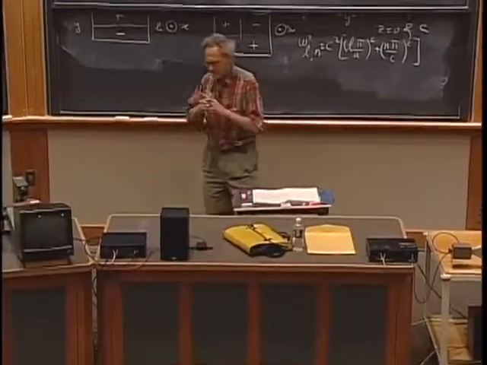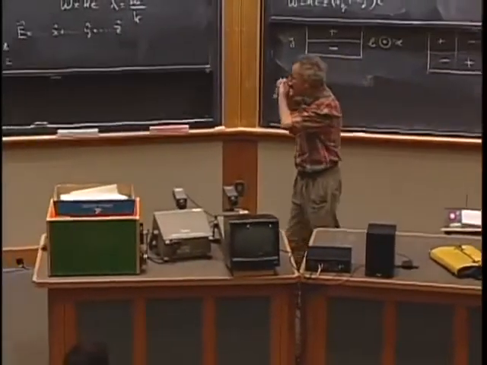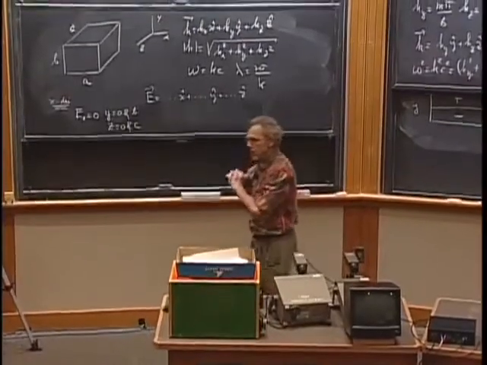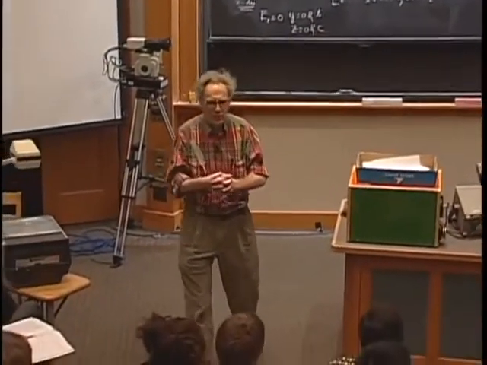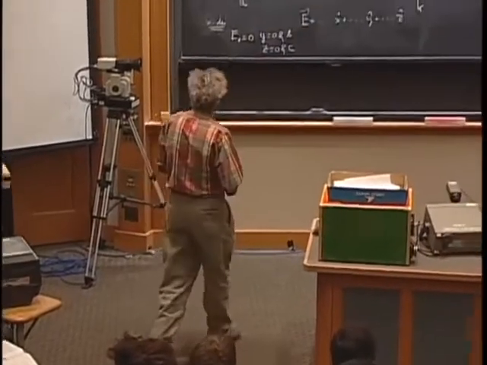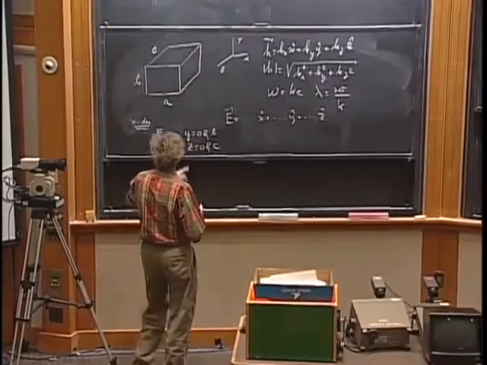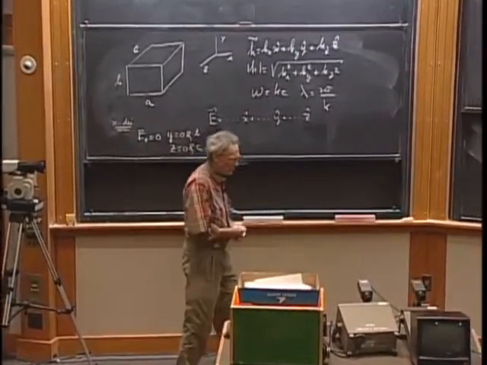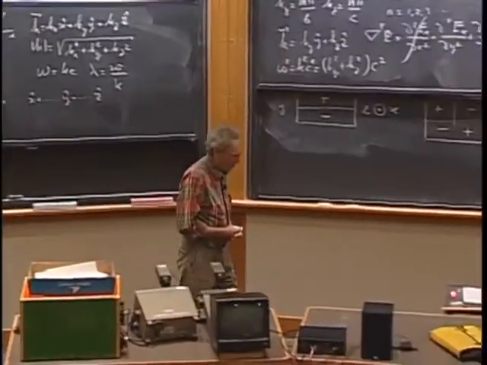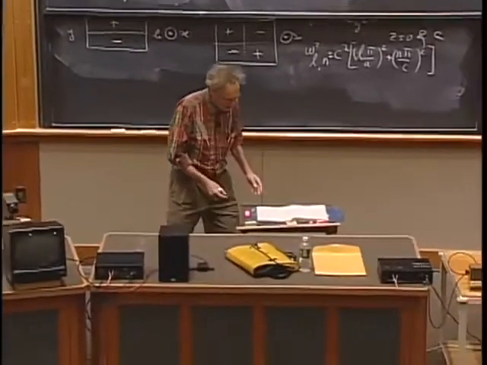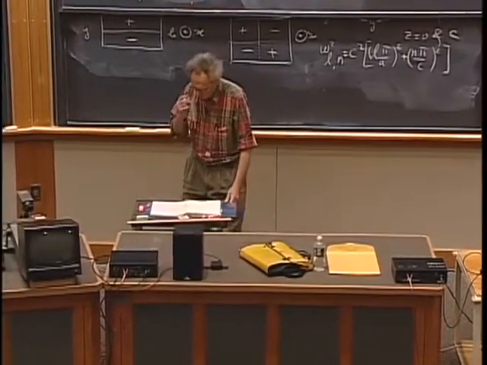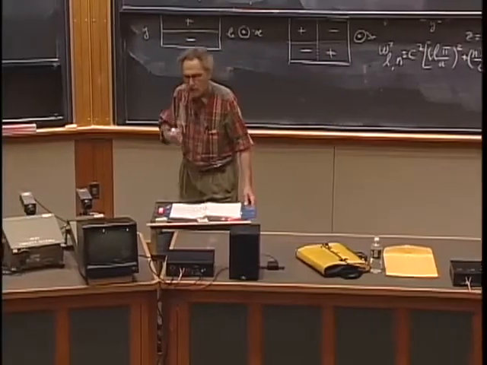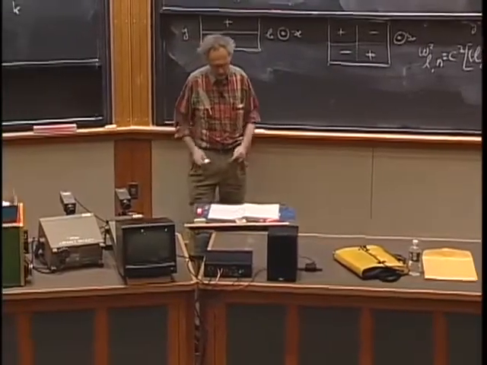All right. Now, I'm going to change gears, because I wanted to find a way to demonstrate this to you. I'm going to make this a box, and I'm going to ask myself, what are the resonance frequencies for sound? Sound is a longitudinal wave, so sound has no linear polarization.